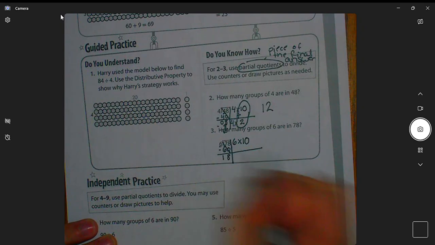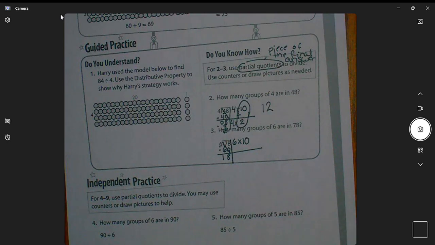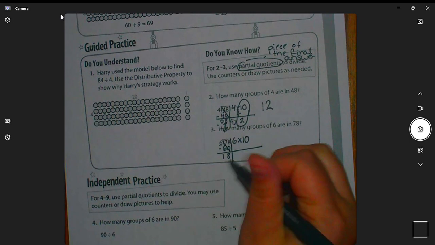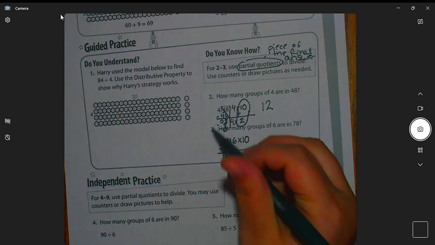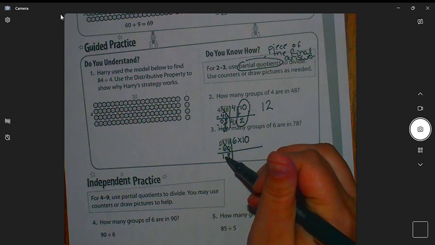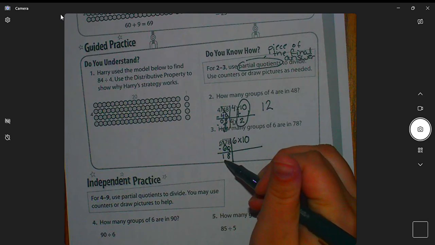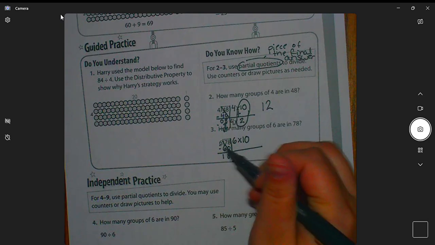I am done with that piece, so I can tell my brain, it's done. Now I'm going to move on to 18 divided by 6. I see 2 digits here, so I have to check both digits. Can 6 divide into 1? No, it can't. 6 is greater. Can 6 divide into 18?